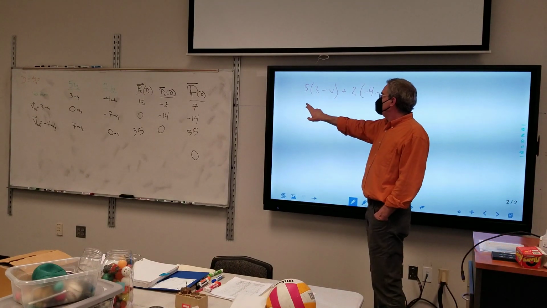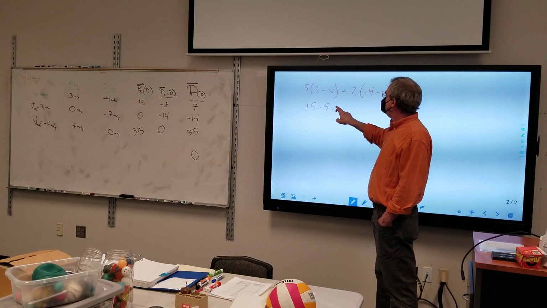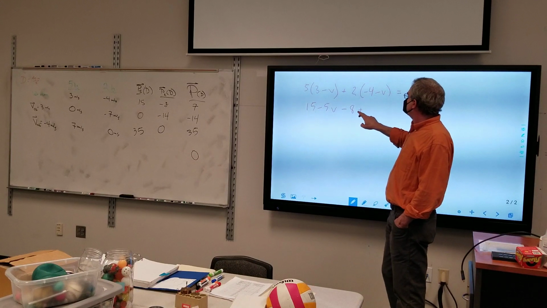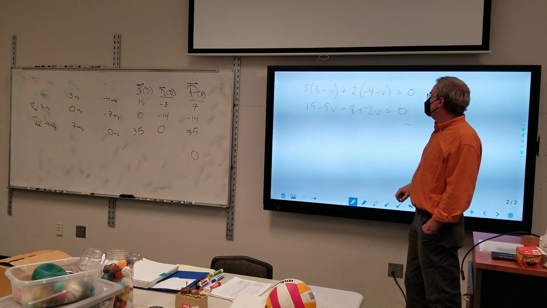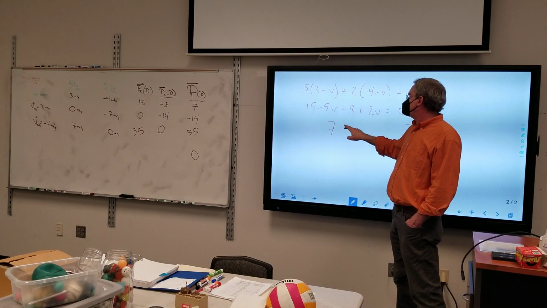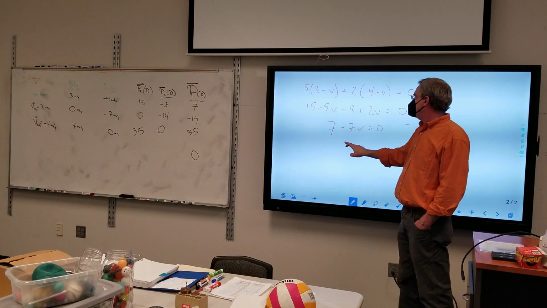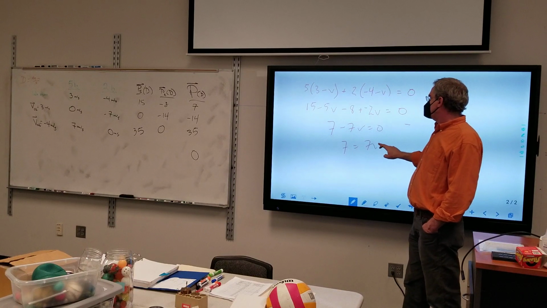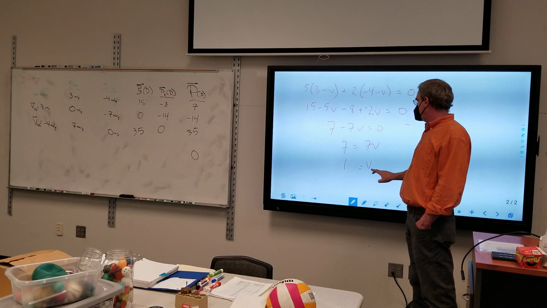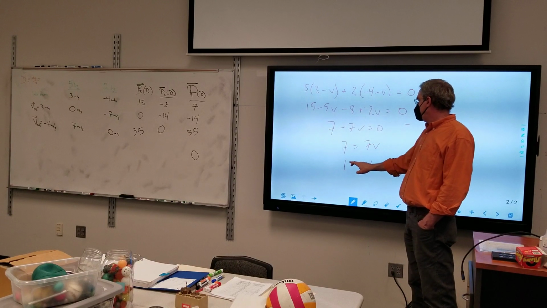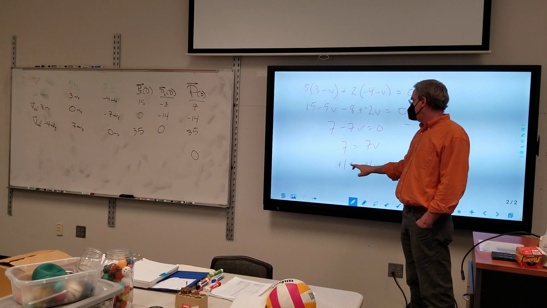Solve for v: 15 minus 5v minus 8 minus 2v is equal to 0. 7 minus 7v equals 0. 7 is equal to 7v. v is equal to 1. This is the velocity of the observer. That's a positive 1 meter per second.